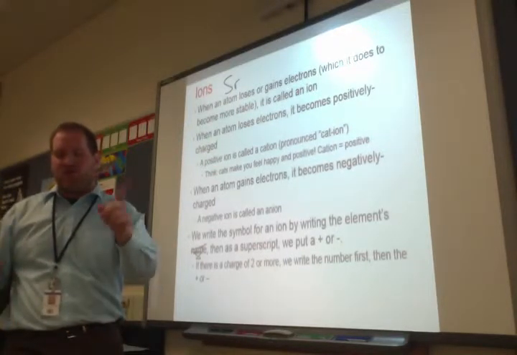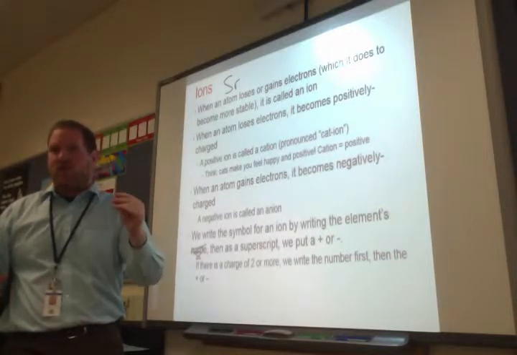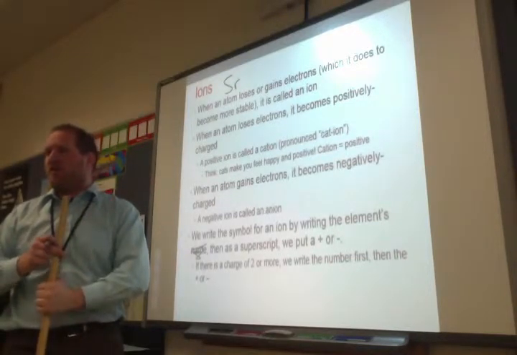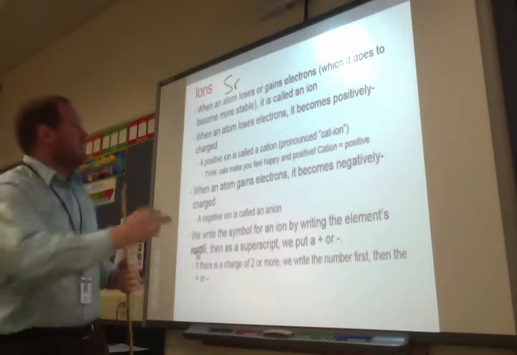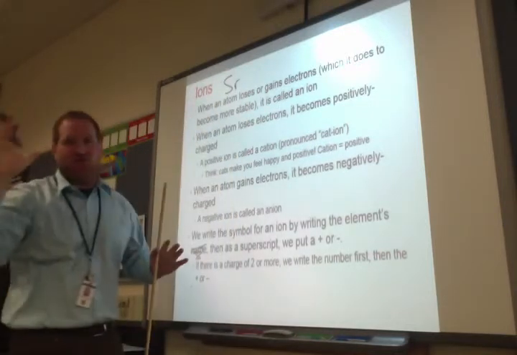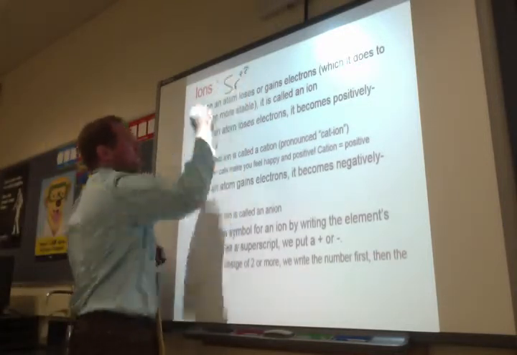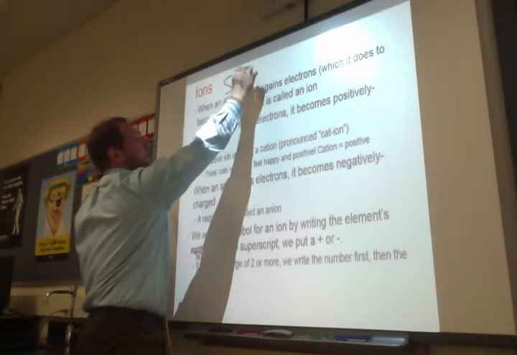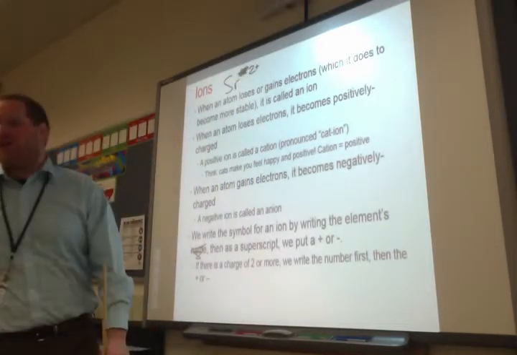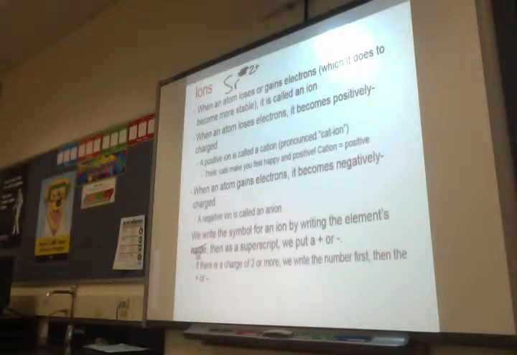So if it loses 2 negative electrons, what's the new charge going to be? +2. And we don't write +2. We write the number first, 2+. So Sr 2+. And because all strontium has 2 valence electrons, all strontium ions are 2+.